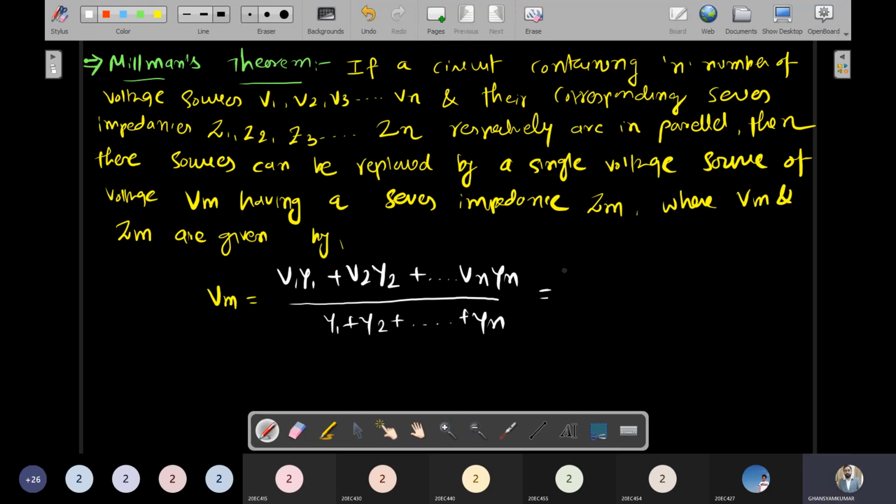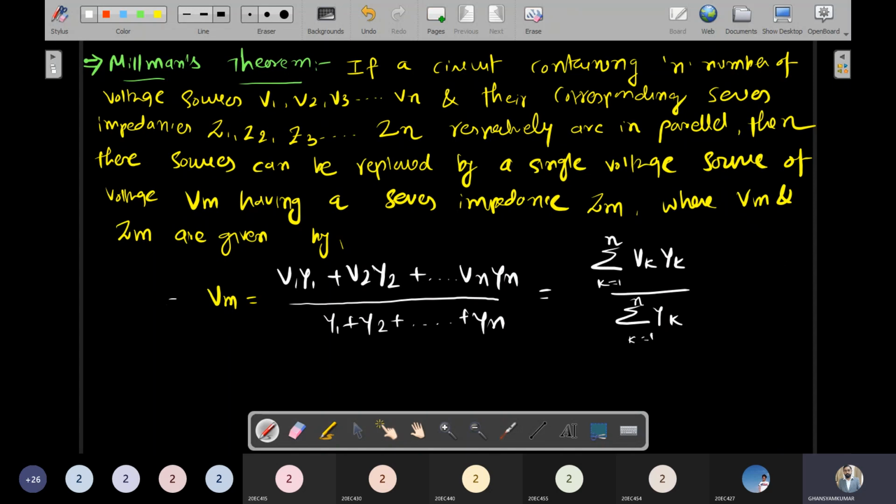Since the Y's are conductances, that is 1 upon Z equal to Y, I can simplify this equation as the summation from k equal to 1 to n of the product of Vk and Yk, divided by the summation from k equal to 1 to n of Yk.